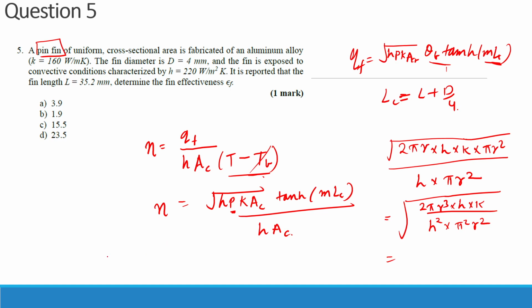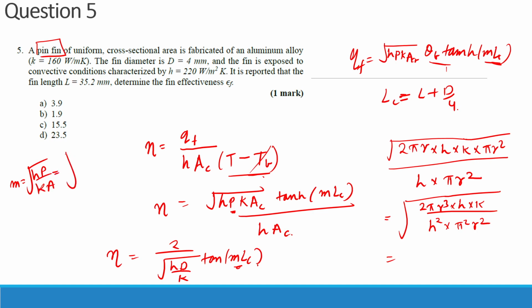So ultimately, if you try solving this, you will be getting 2 upon under root of h D by k, tanh(m L_c). So the value of m is under root of h P by k A. That you can calculate, and it will come around h into 2 pi r upon k into pi r square.